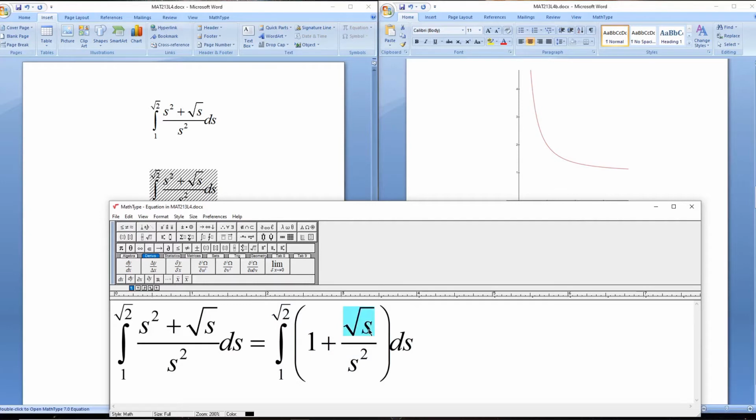Remember, square root of s means s to the power half. And so combining these together, remember we subtract when we have a denominator, so we have a half minus 2. So that's 1 half minus 4 over 2 to get us minus 3 over 2.